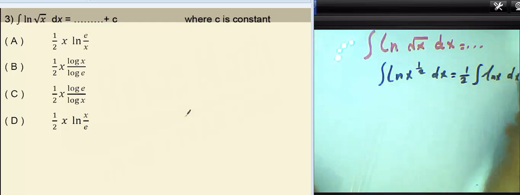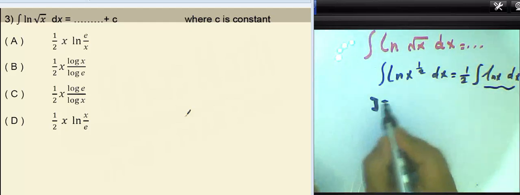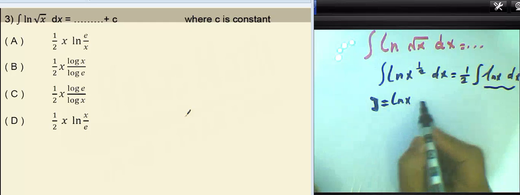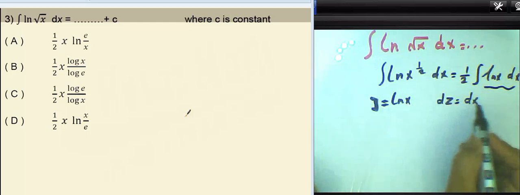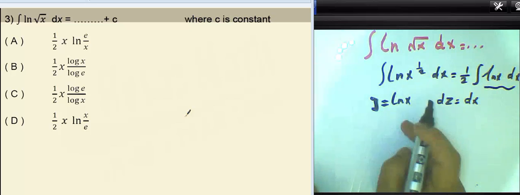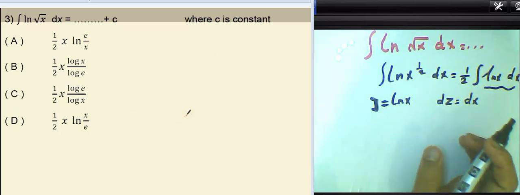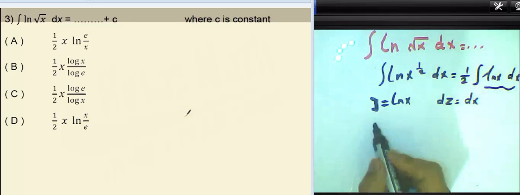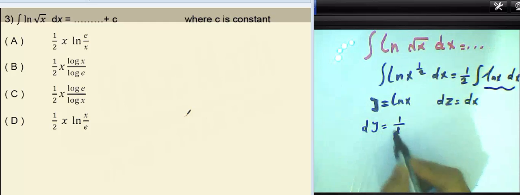Okay, and then we can choose the function y equal ln of x, and dz equal dx, and for this function we can find the integration of one of them and the derivative of the other. We have here ln of x, the derivative of this function will be dy equal 1 over x dx.